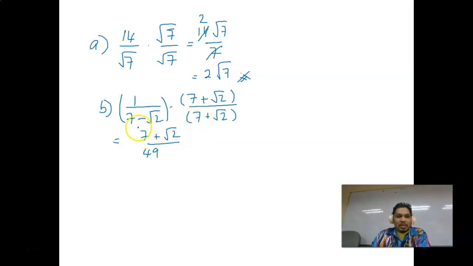I write down 7 times this one, plus 7 square root of 2, and this negative one multiplied with this, minus 7 square root of 2, and negative times positive, negative. Square root of 2 times square root of 2 equals 2.